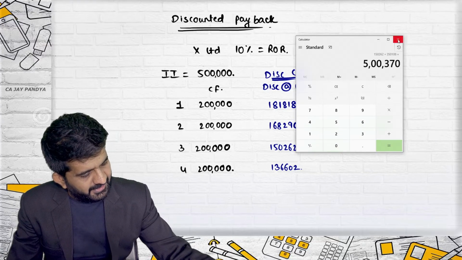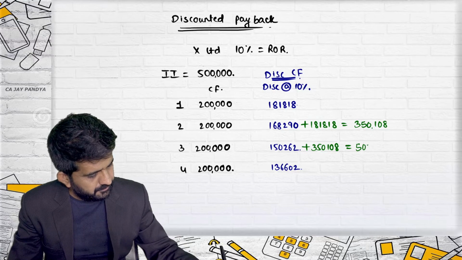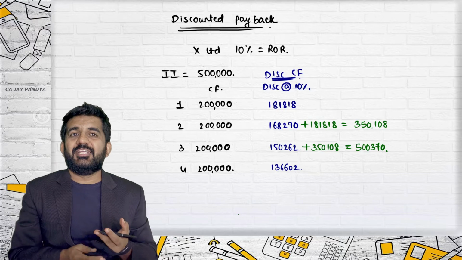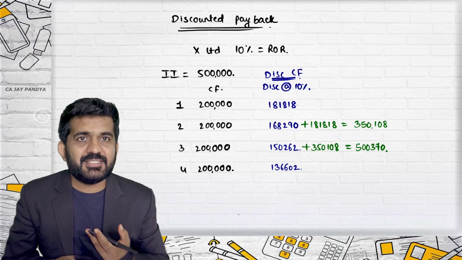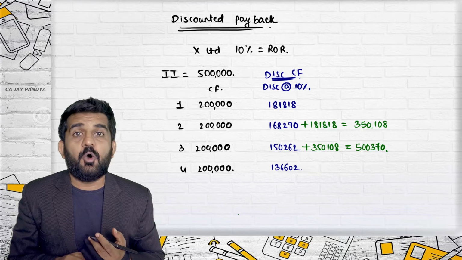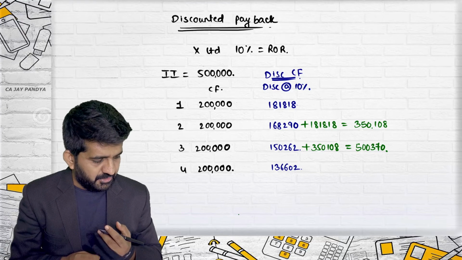It is 5,370,000. So it is 2 years and some months. Is it alright? But I need to find out the exact answer. 2 point how many years?